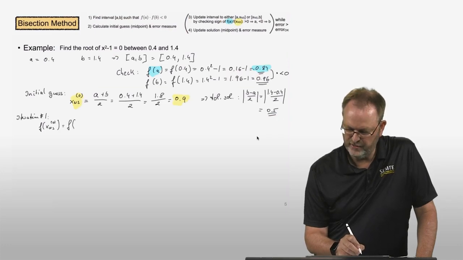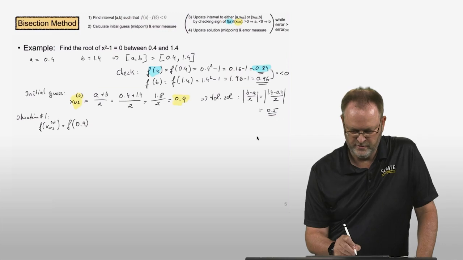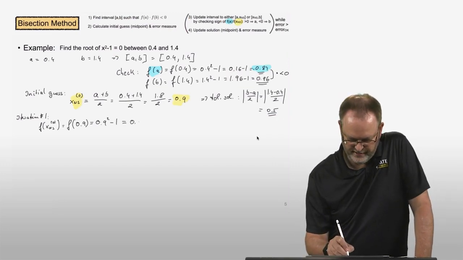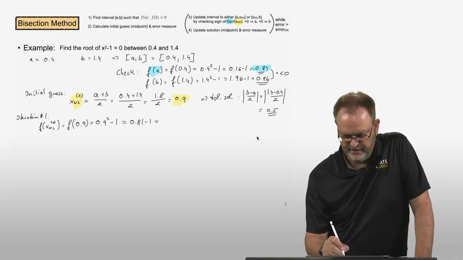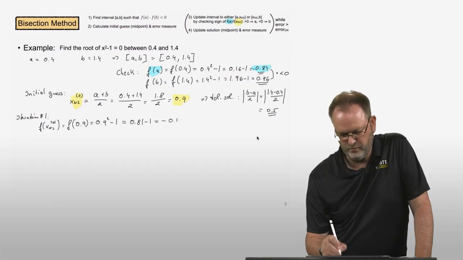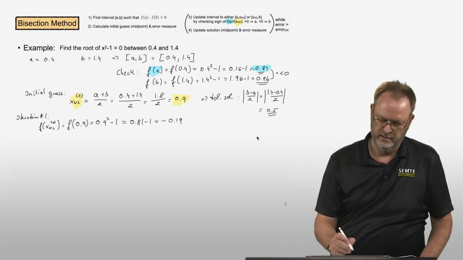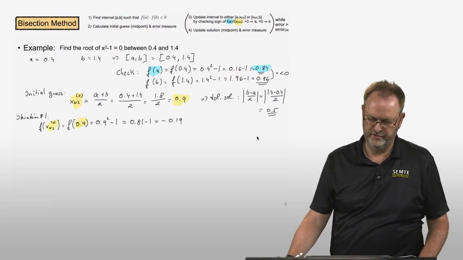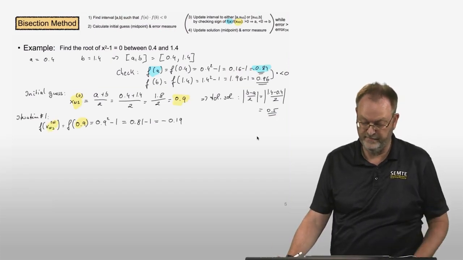That's f of 0.9. So that's equal to 0.9 squared minus 1, which is equal to 0.81 minus 1, which is equal to negative 0.19.